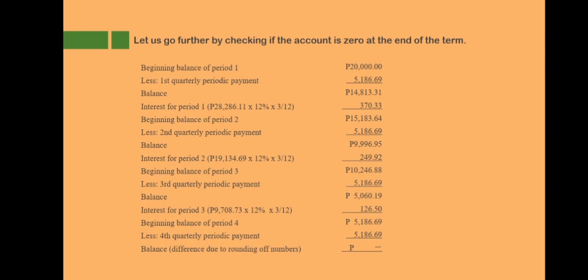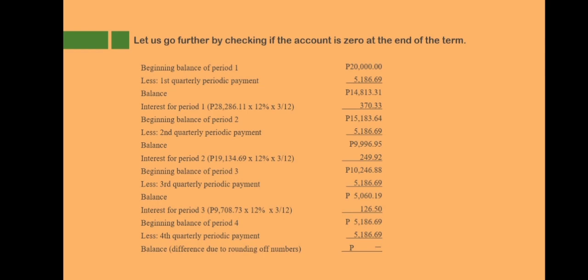And i-add natin sa kay 5,060.19 ang kanyang interest na 126.50. So, ang beginning balance ngayon ng period 4 is 5,186 pesos and 69 cents. And bawasan natin ng quarterly periodic payment na 5,186.69.